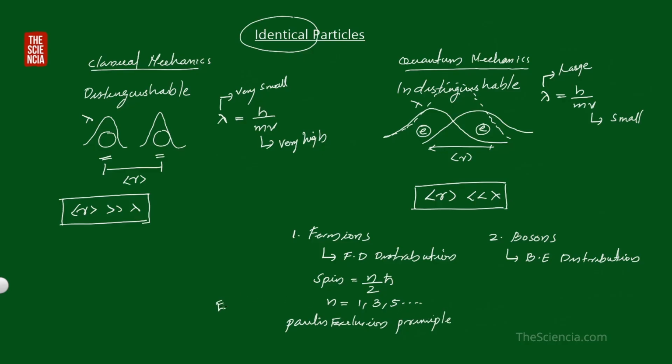The example is electrons. And bosons: for bosons, the spin is equal to N h cross, where N is equal to 0, 1, 2, etc. These bosons don't have any restriction. And the example for bosons is photons.